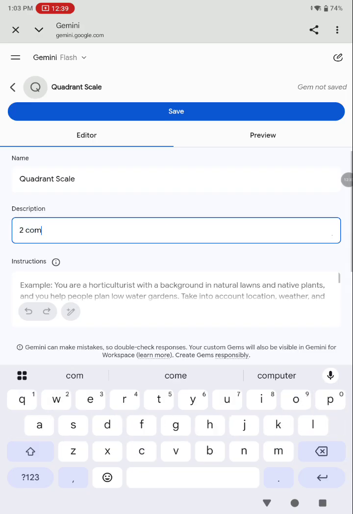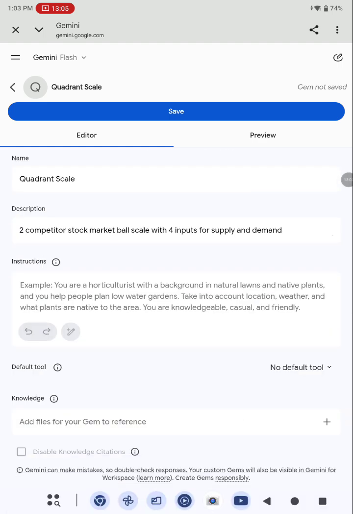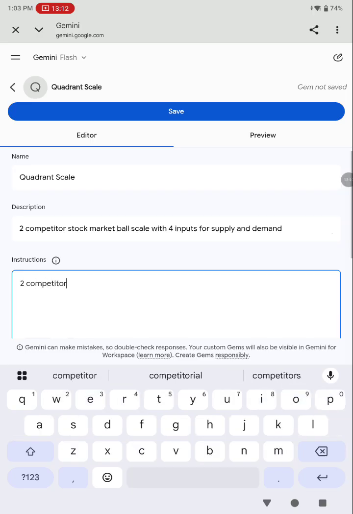It's like a two competitor stock market ball scale with 4 inputs for supply and demand.